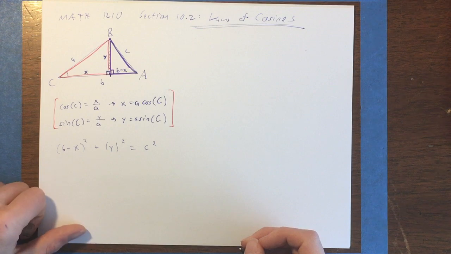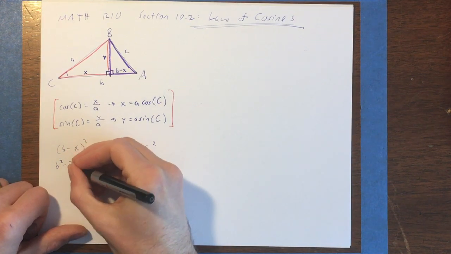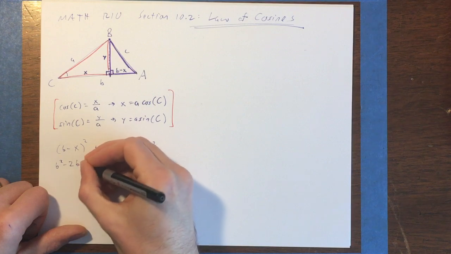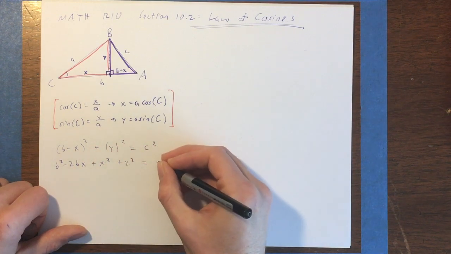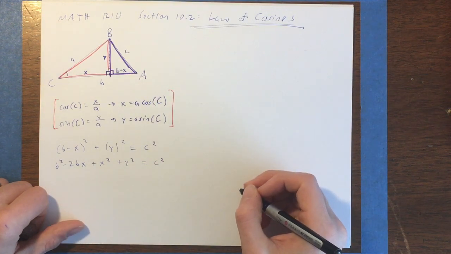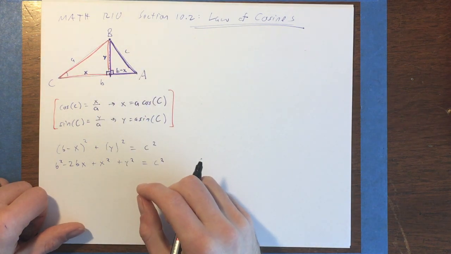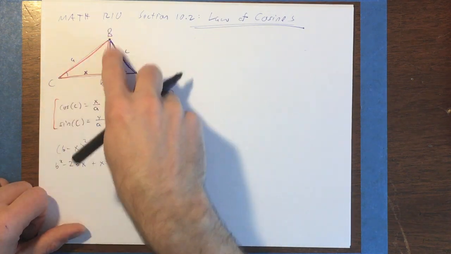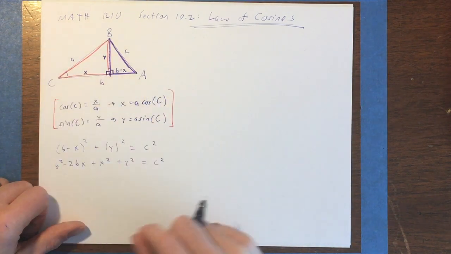Now if I multiply this out, I get b squared minus 2bx plus x squared, and then plus y squared equals c squared. Now, x squared plus y squared, since the Pythagorean theorem applies to the left triangle as well, is just going to equal a squared.